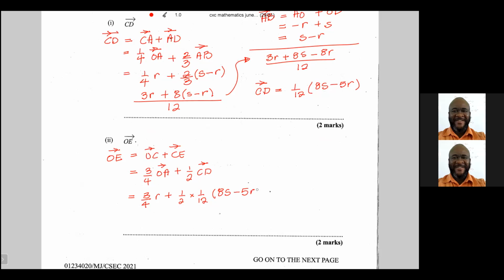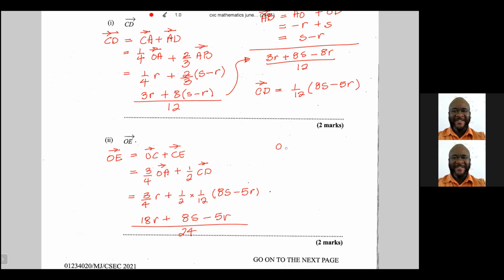Don't get nervous. The LCM is 24. 4 into 24 is 6. 6 times 3 is 18. This is 18R. 24 into 24 is 1. 1 times 8S minus 5R. It is 8S minus 5R.